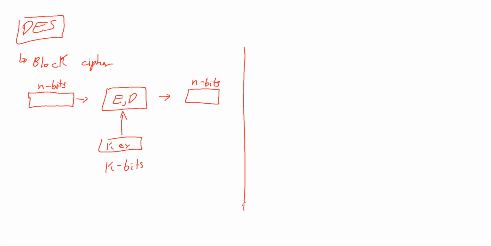All right. Then I started talking about how the basic idea of DES is the Feistel network. So the basic idea is to build what is called a Feistel network.